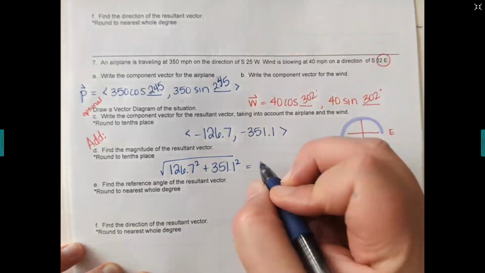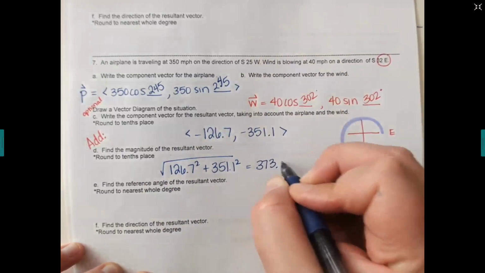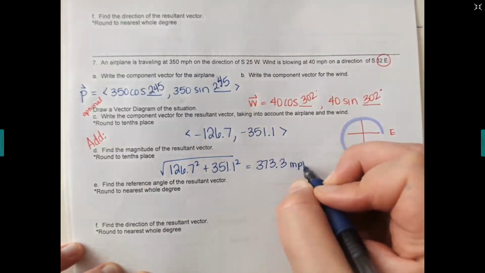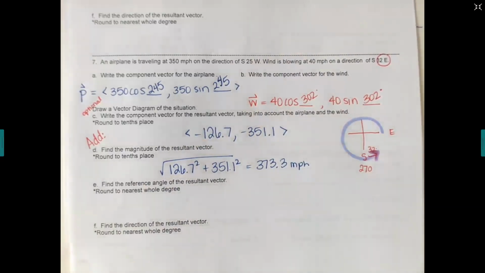I got 373.3 miles per hour. So if my plane is trying to go 350 and its actual speed ends up being 373, that means that the wind is working against it or helping it?